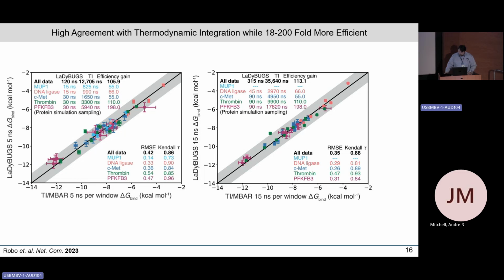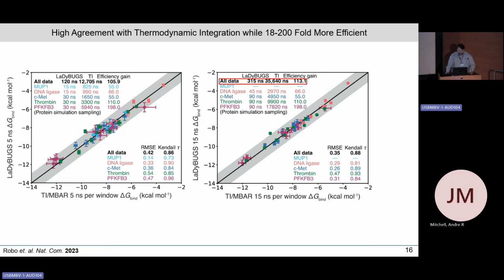But the major thing was that the uncertainties in our TI simulation on PFKFB3 are also now very similar to our LaDyBUGS uncertainties. Looking at all of our data again, we now have an efficiency gain of 113.